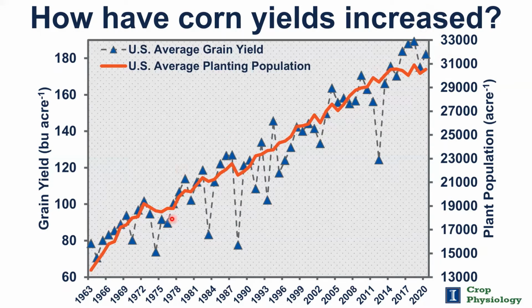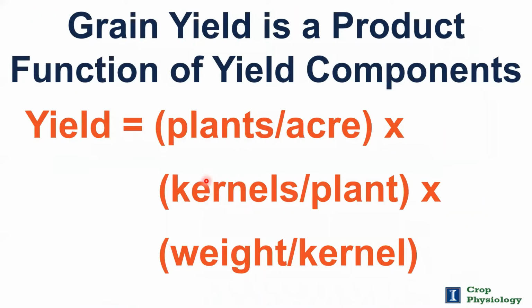And the reason why these two factors change together, grain yield and planting population, is because yield can be separated out in an equation here. So grain yield is a product function of three yield components. That's plants per acre, plant population, what we just saw on the last slide, kernels per plant, what's the yield potential of each one of those plants, and then what's the weight of those kernels. Now, the only thing that a grower has in his control right now, today, is the number of plants per acre he's going to decide to plant.